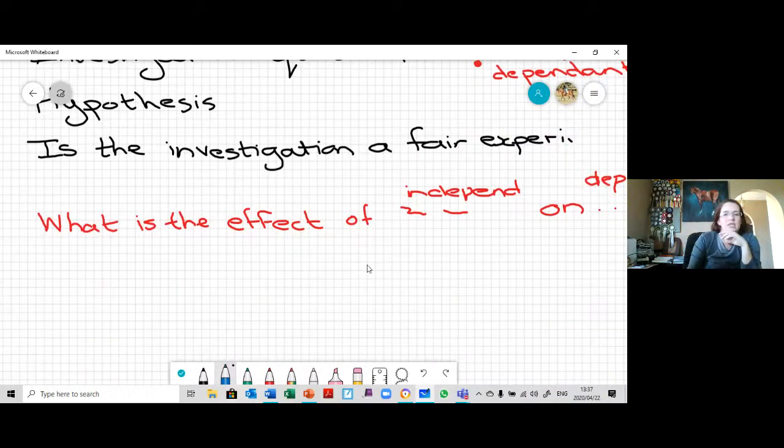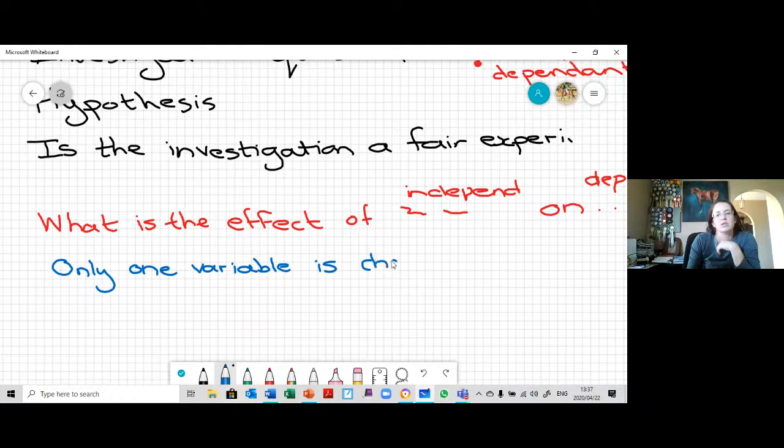You simply tell the examiner only one variable is changed during the experiment.